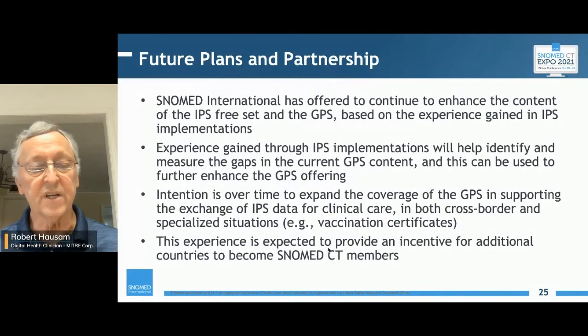So the intention is over time to expand the coverage of the GPS in supporting the exchange of IPS data for clinical care, both in the cross-border and in other specialized situations like the vaccination certificates that I mentioned. And so this experience is expected to provide an incentive for additional countries, as already mentioned, to become SNOMED CT members.